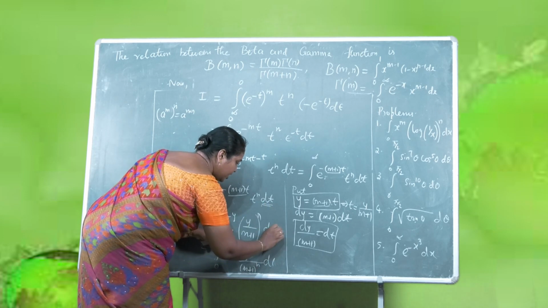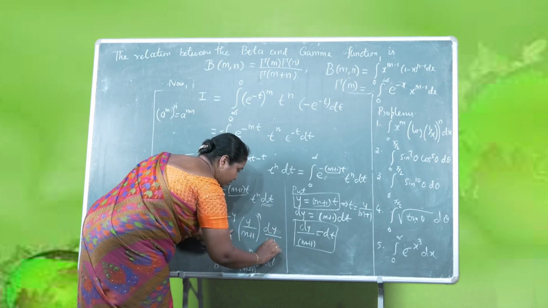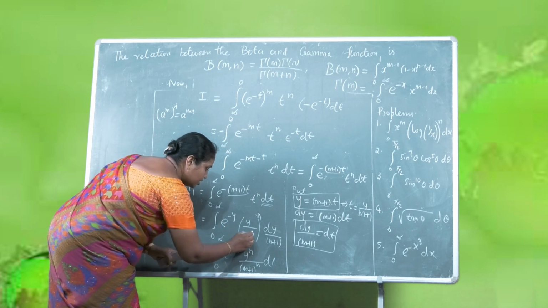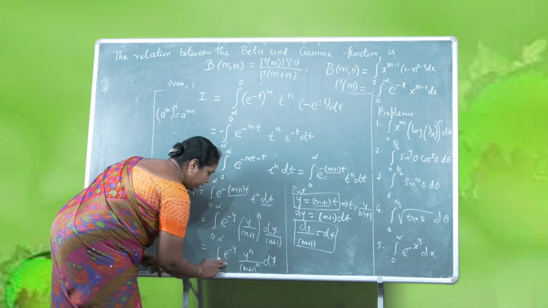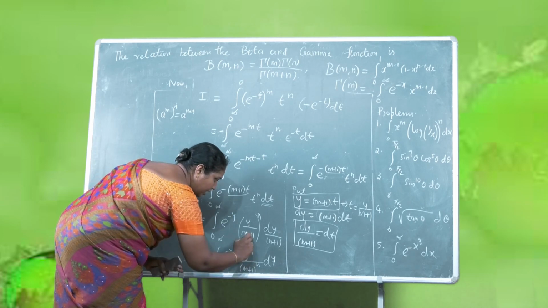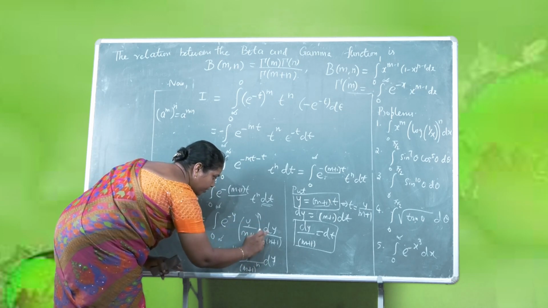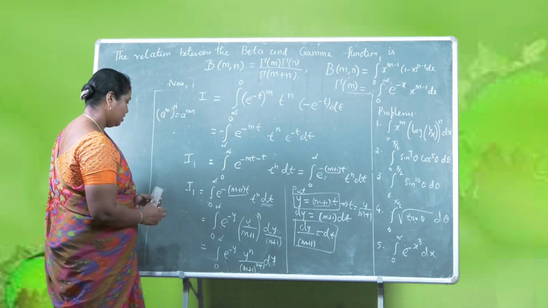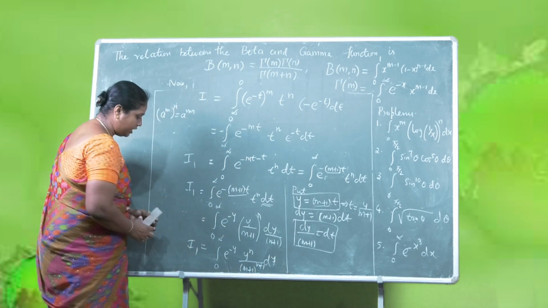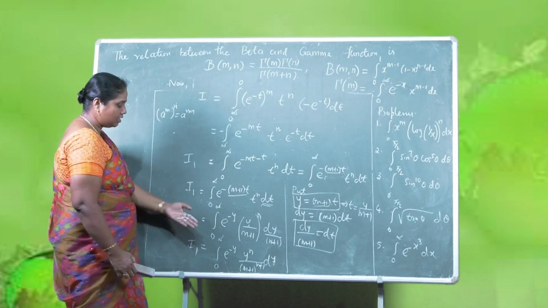This is nothing but dy by m plus 1. So now this becomes e power minus y, y power n over m plus 1 the whole power n plus 1. Here two terms, m plus 1 the whole power n and m plus 1, so it is m plus 1 the whole power n plus 1. So now our integral is reduced to a type of gamma function.